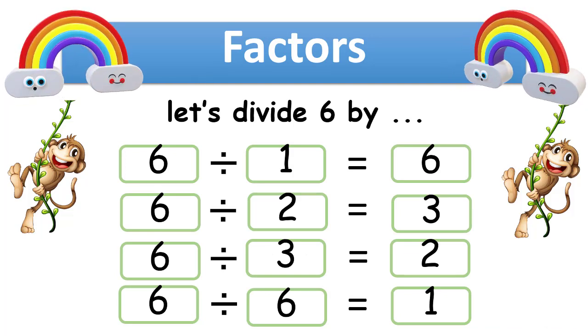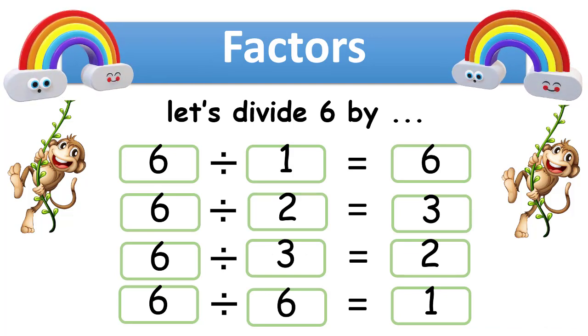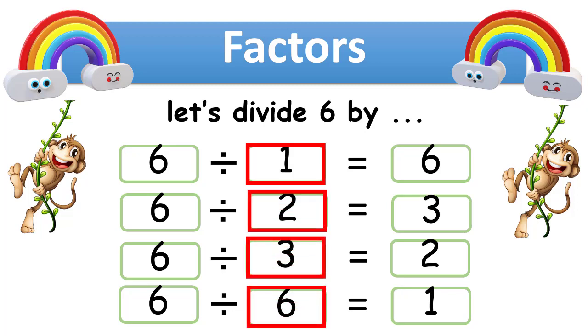Can you see the division of 6? 6 divided by 1 is 6. 6 divided by 2 is 3. 6 divided by 3 is 2. And 6 divided by 6 is 1. What do we call the numbers that can divide 6?